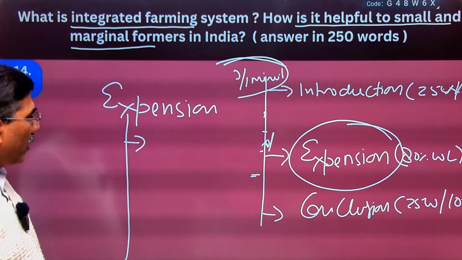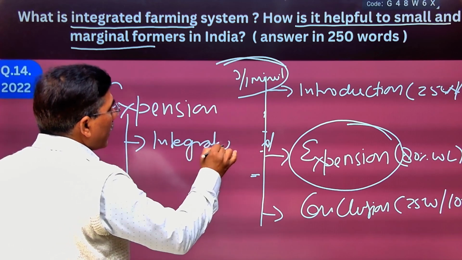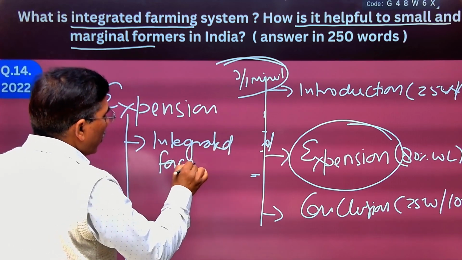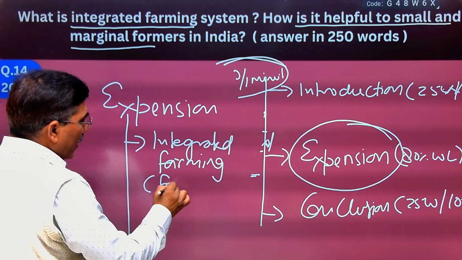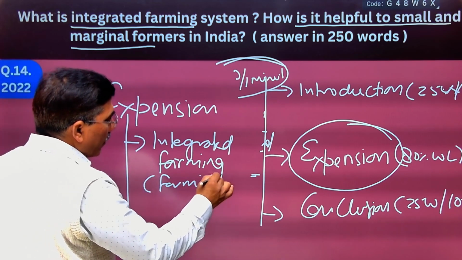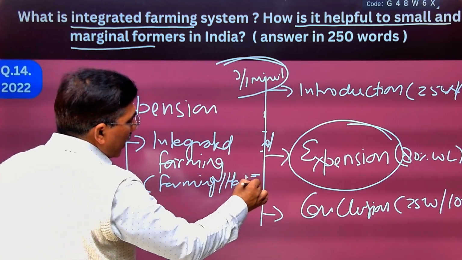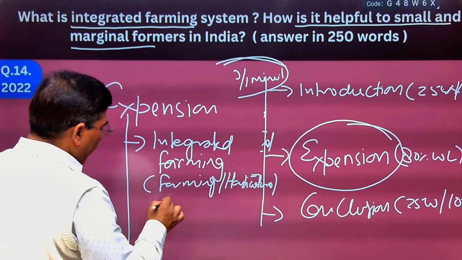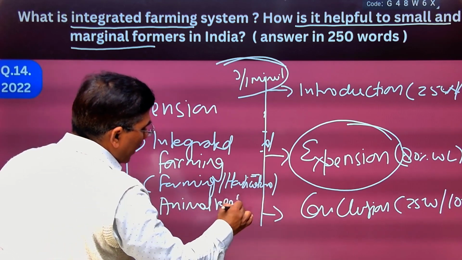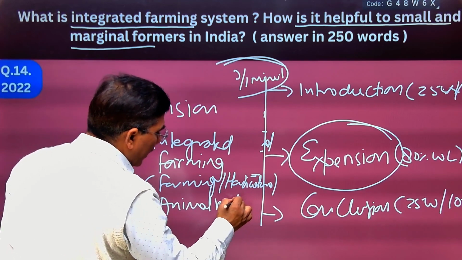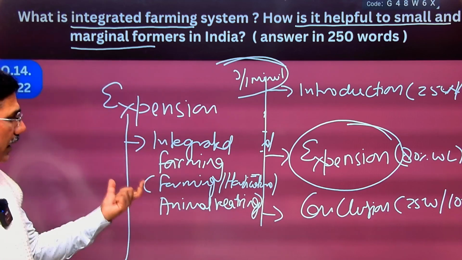Number one, you will define integrated farming. As I told you, when a farmer does all activities, that is farming, cultivation of food grain, etc., horticulture, and animal rearing in an integrated manner, that is known as integrated agriculture.